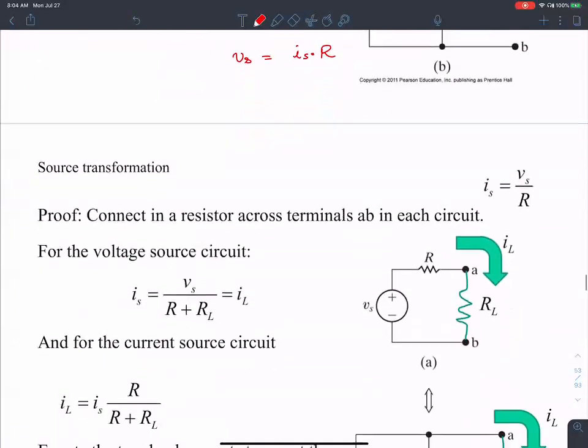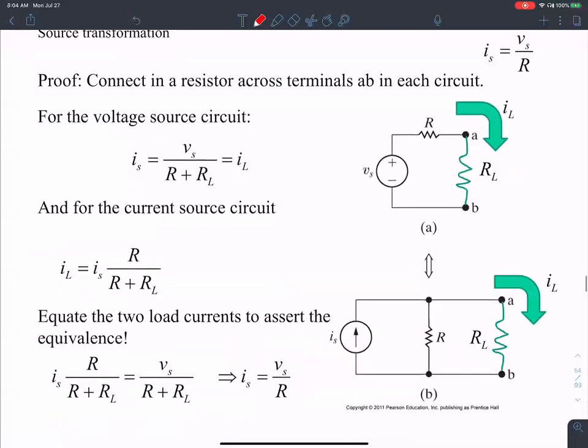Okay, and the proof of this lies in the fact that when you compare the circuit on the top, a voltage source with a series resistance, and the circuit on the bottom with a current source with a parallel resistance, they're equivalent, meaning from the perspective of this load resistance, the load current flowing through in both of these circuits is exactly the same.